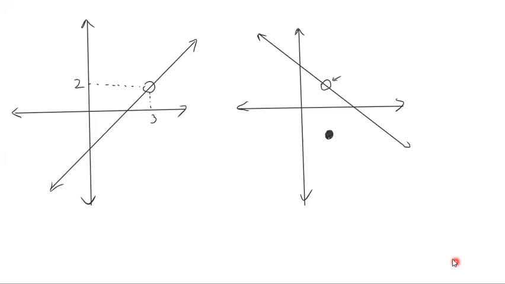Let's consider the point 1, 1, and this point 1, -3.